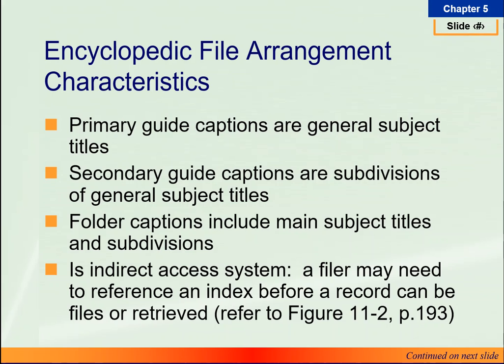So the folder captions include main subject title and subdivision. The last characteristic of encyclopedic file arrangement is that it is an indirect access system. So a filer may need to reference an index before a record can be found or retrieved.